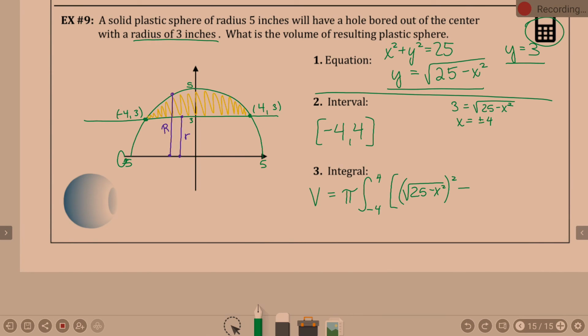Just 3, because it's y equals 3. So if it's y equals in terms of x, so 3 squared, and then times dx. If you liked Jacob's idea, and you want to put 2 out front, and then go from the integral from 0 to 4, that is perfectly fine as well.